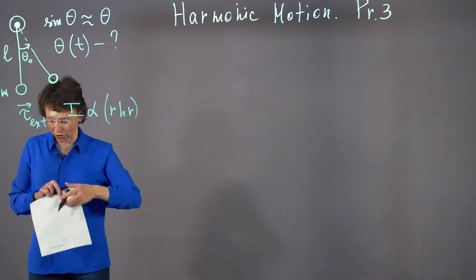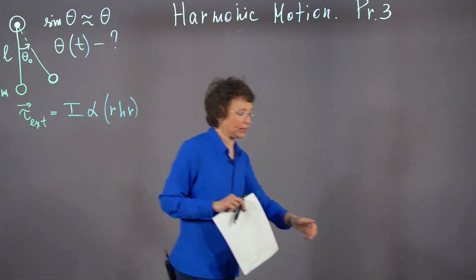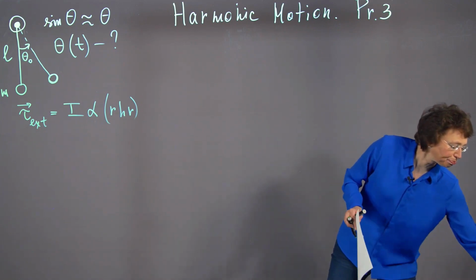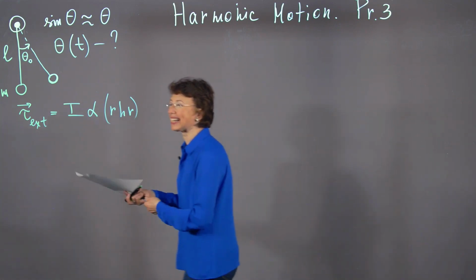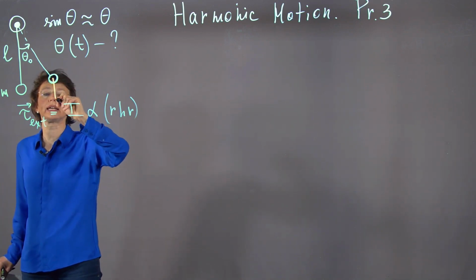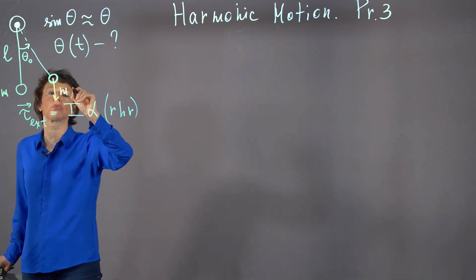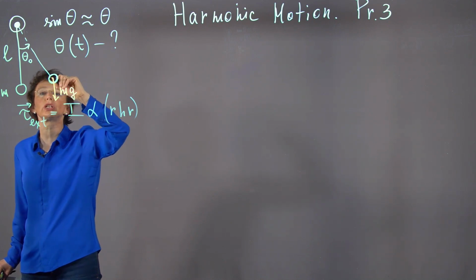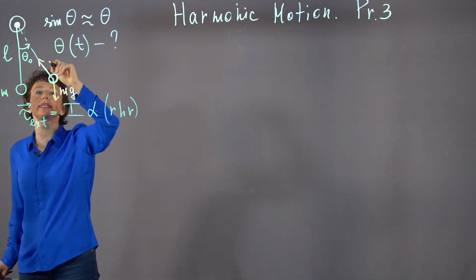Now I will draw the forces. Which forces are acting on this object? They will provide torque. I will write the torque created by these forces. One of them obviously is mg, another one is tension.